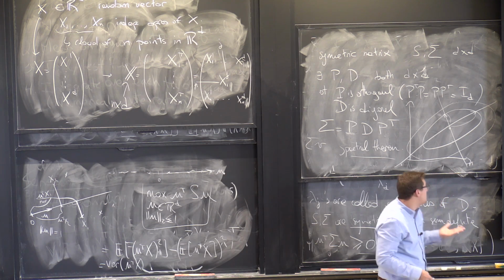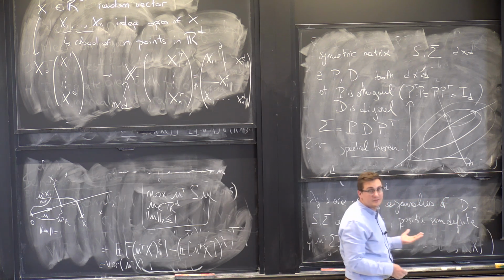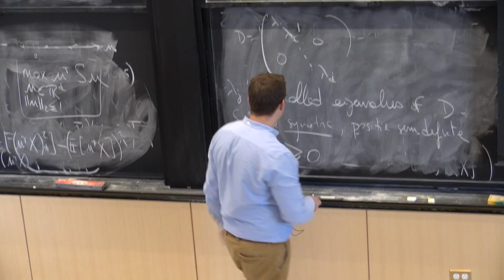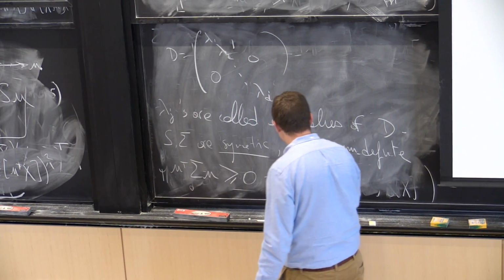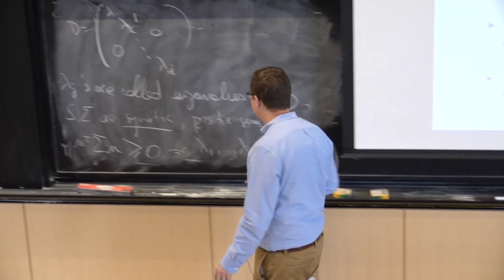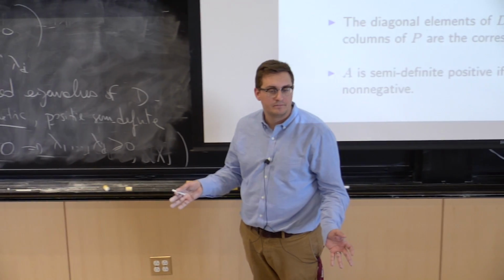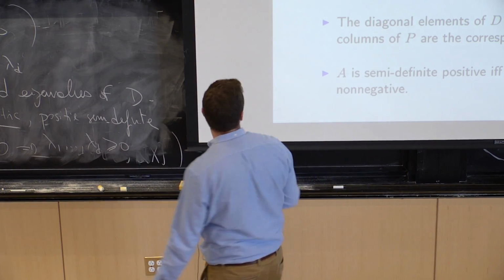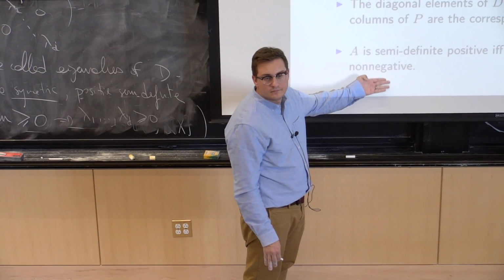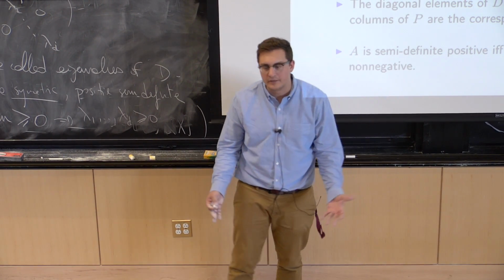But in general, for any symmetric matrix, I could do this. But when it's positive semi-definite, it turns out that all the lambda j's are non-negative. I cannot flip it. So all the eigenvalues are non-negative. That's the property of positive semi-definite.